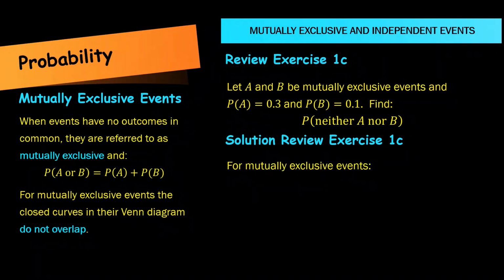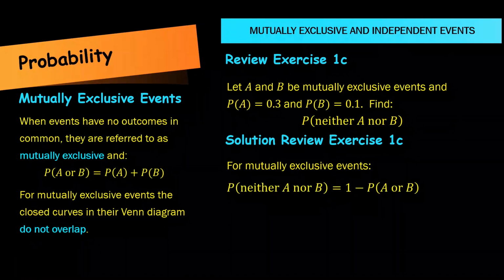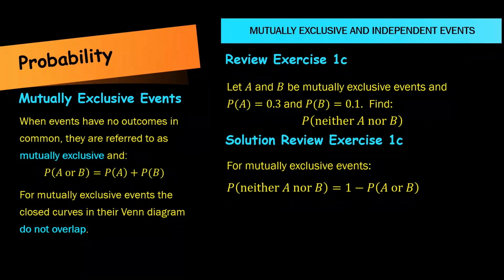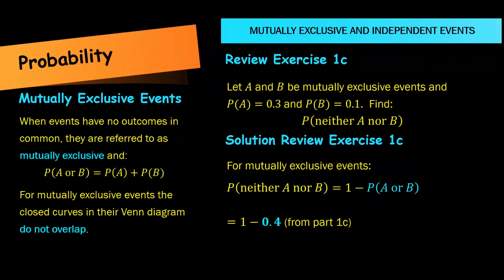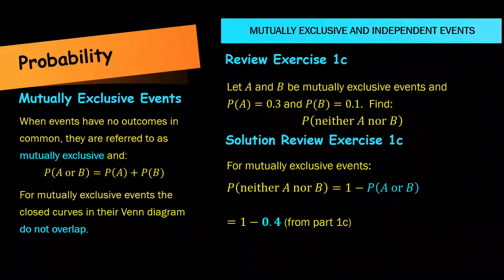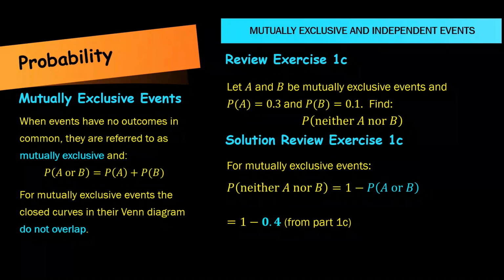For mutually exclusive events, probability of neither A nor B is 1 minus probability of A or B, which is 1 minus 0.4. And of course the 0.4 came from part A, which is equal to 0.6.